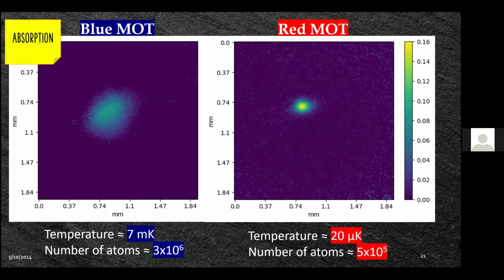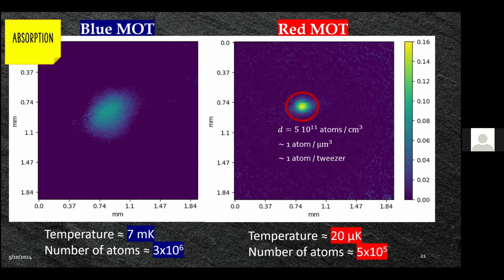But what we want is not just a high number of atoms, but a good density. Why so? If I have 5 times 10 to the 11 atoms per cubic centimeter, it means that I have almost 1 atom per cubic micrometer. That means I have almost 1 atom per tweezer, and this is something that should be given.